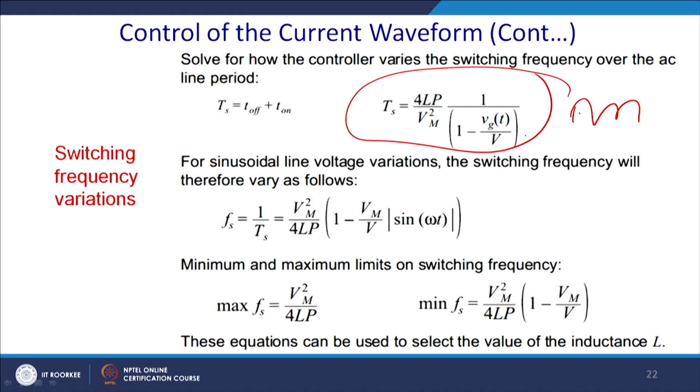Similarly, for the sinusoidal voltage variation, the switching frequency will vary as follows, the reciprocal of it: Vm squared by 4 L P times 1 minus Vm by V sin omega t. From there you can calculate the maximum value of Fs, that is Vm squared by 4 L P, and the minimum value of Fs, Vm squared by 4 L P times 1 minus Vm by V. This equation can be used to select the value of the inductance, but it depends on whether you have a large variation or not.